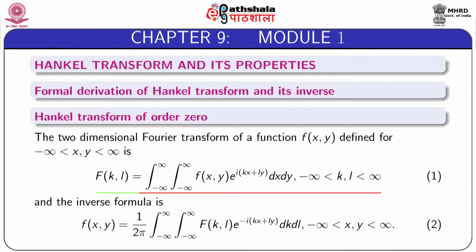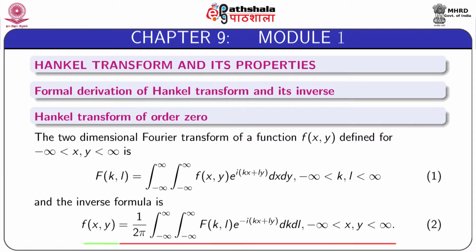capital F(k,l) equal to double integral from minus infinity to plus infinity f(x,y) e to the power i(kx plus ly) dx dy, as given in equation 1, and its inverse formula is given by f(x,y) equal to 1 by 2 pi integral from minus infinity to plus infinity, integral from minus infinity to plus infinity F(k,l) e to the power minus i(kx plus ly) dk dl, as given by equation 2.